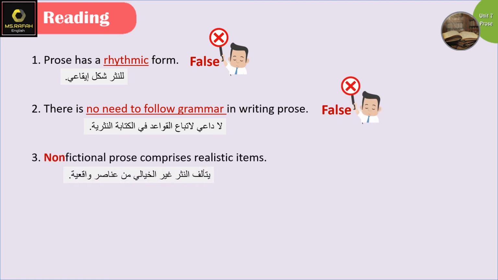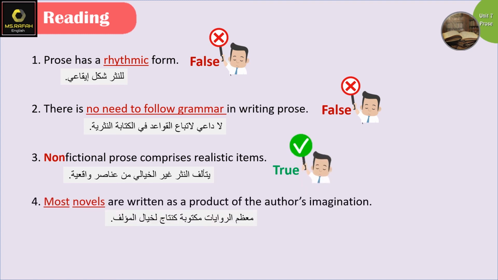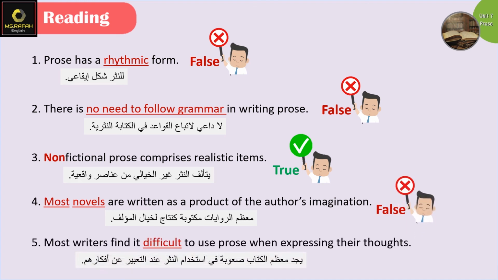Non-fictional prose comprises realistic items. True. Most novels are written as a product of the author's imagination. False. Most writers find it difficult to use prose when expressing their thoughts. False.